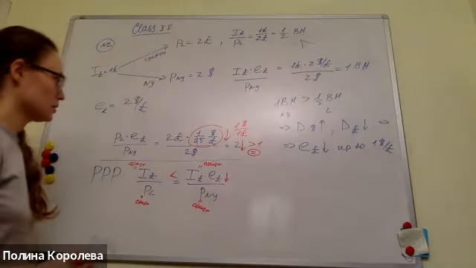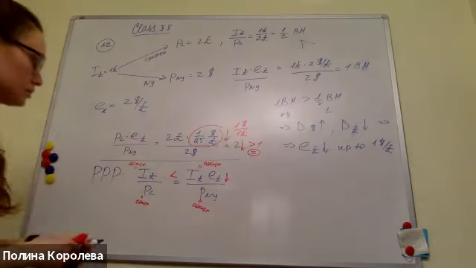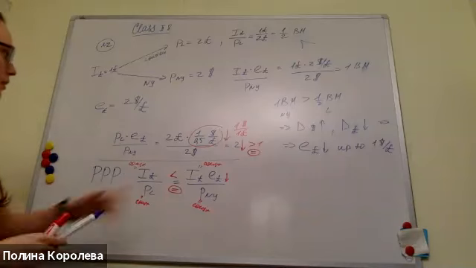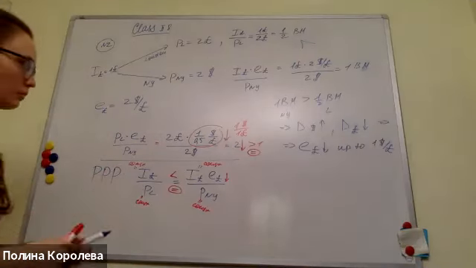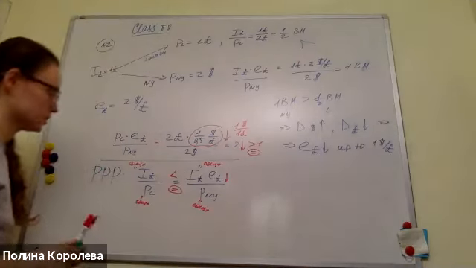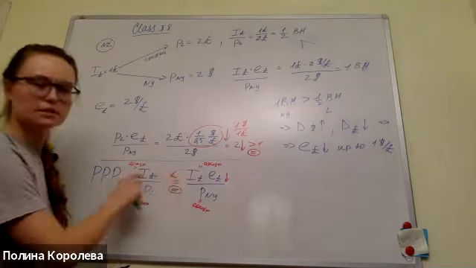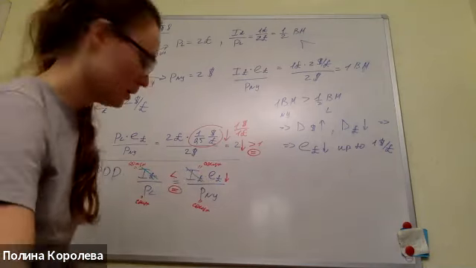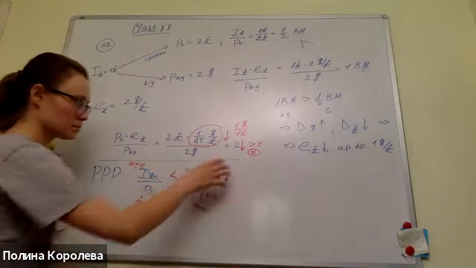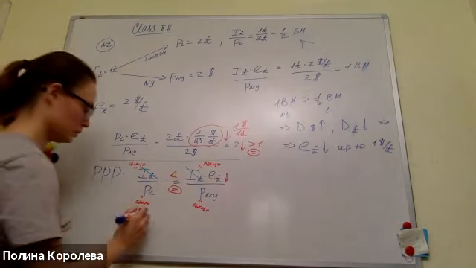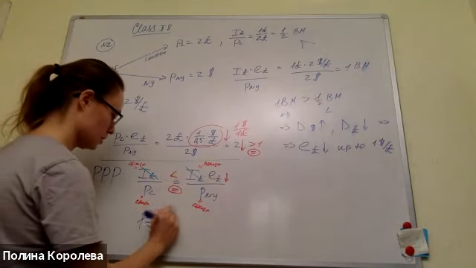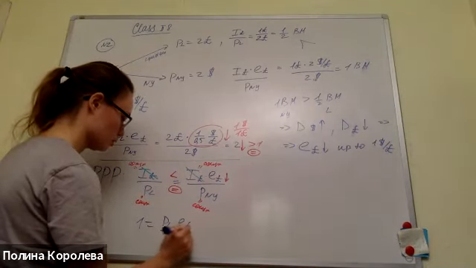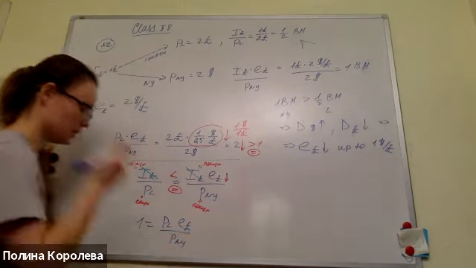And how can we find this formula? You see that income doesn't matter for us. It is here and here. We can delete this income and put the price to the right side. And this will be 1 should be equal to price in London times exchange rate of the pound, over price in New York.